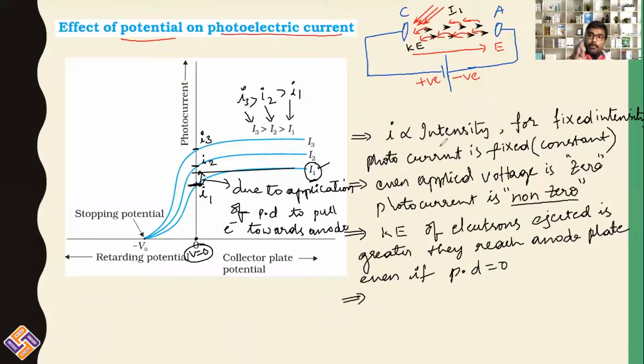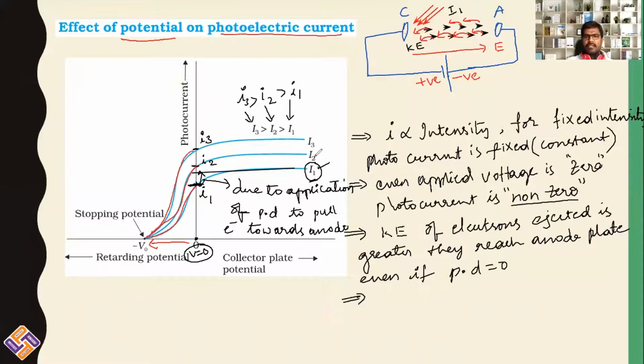As you increase the negative voltage, the photocurrent keeps decreasing.